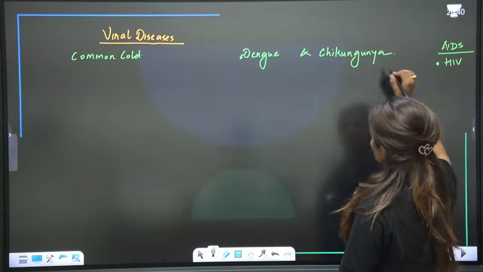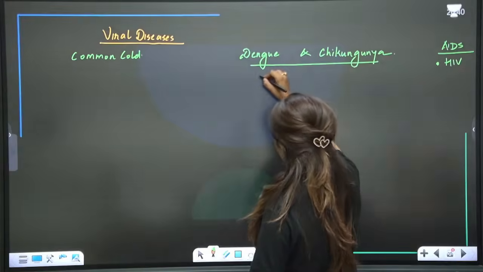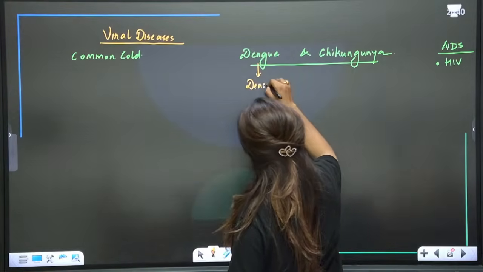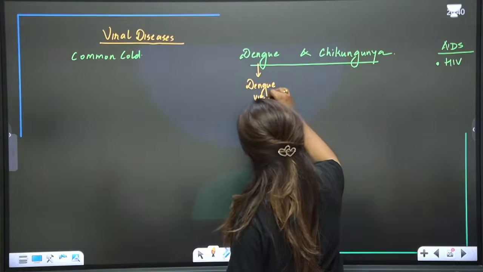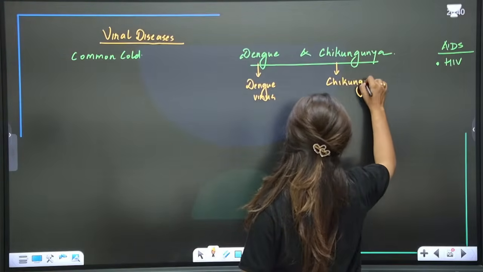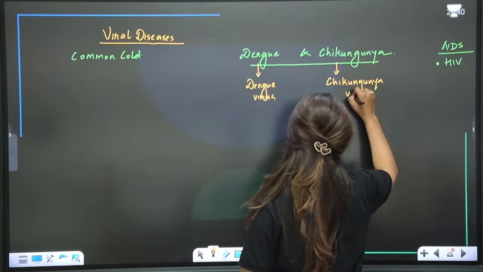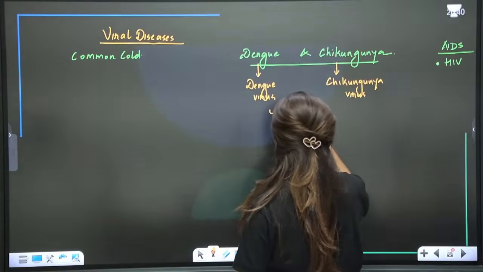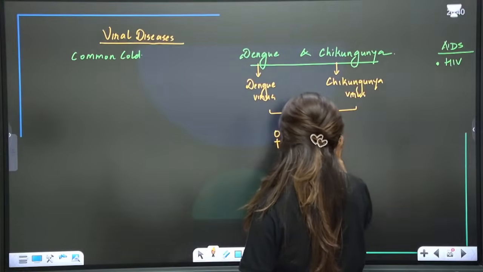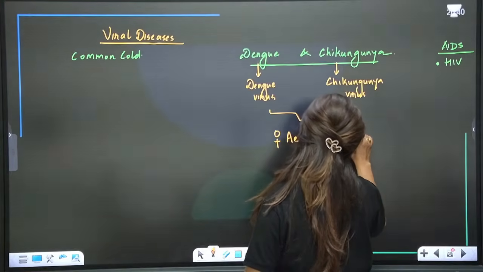It is caused by HIV. Dengue is caused by dengue virus. Chikungunya is caused by chikungunya virus. And both of these viruses are transferred into our body by the Aedes mosquito, the tiger mosquito. It bites during the day.